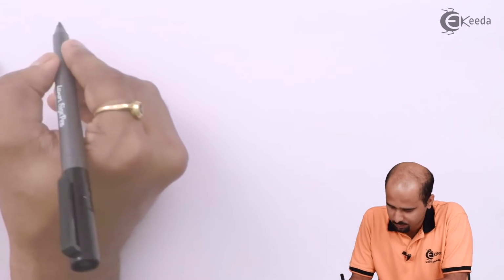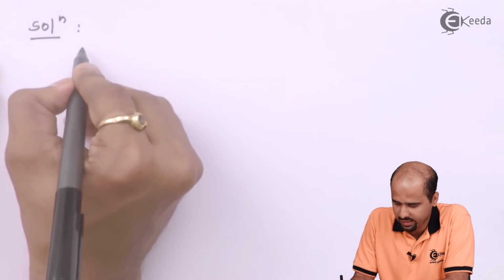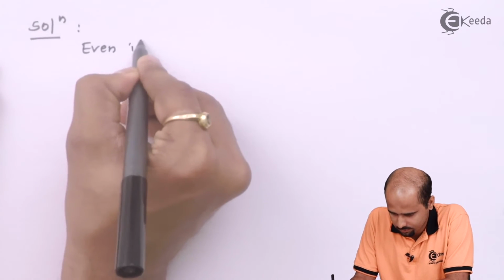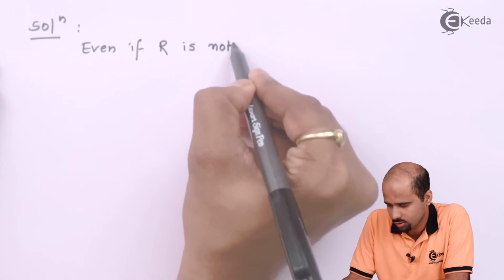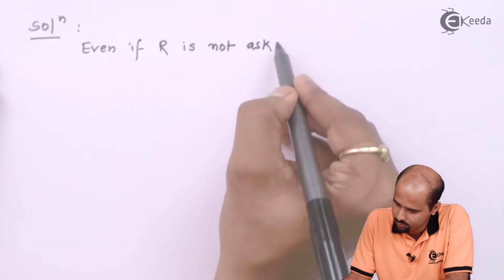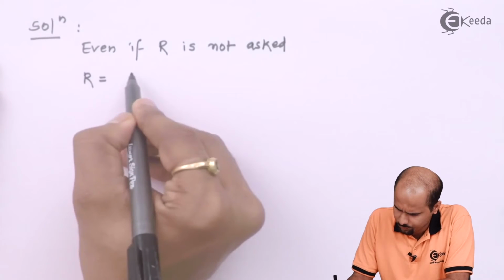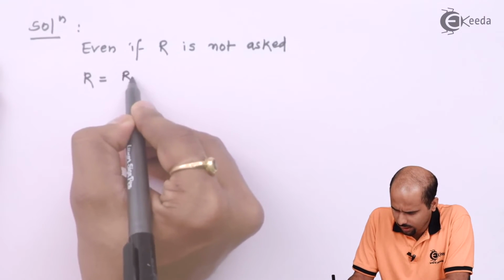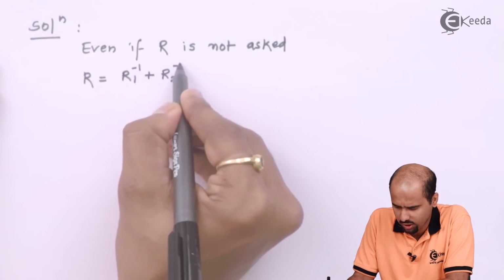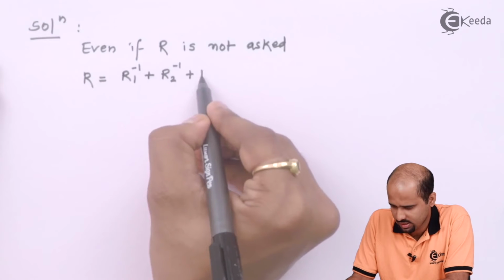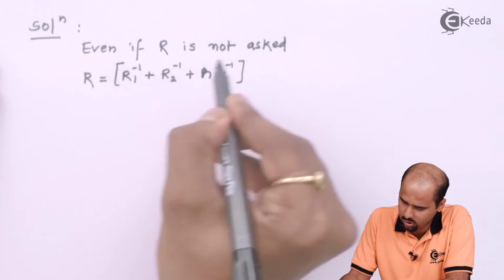So I will start with the solution. We'll write that even if R is not asked, R is equal to (R1 inverse plus R2 inverse plus HIE inverse) the whole inverse.